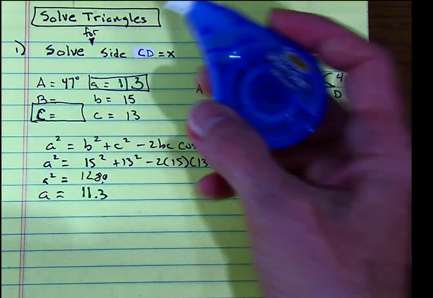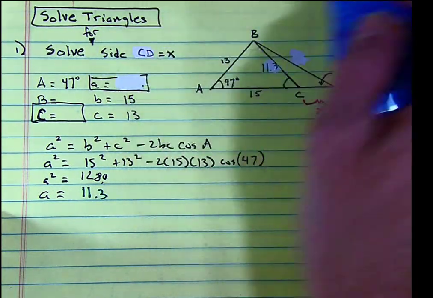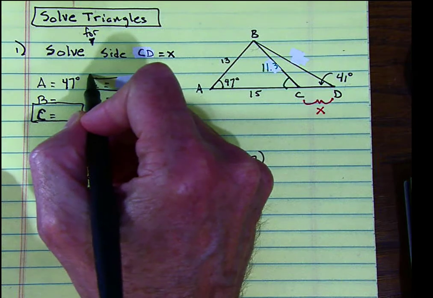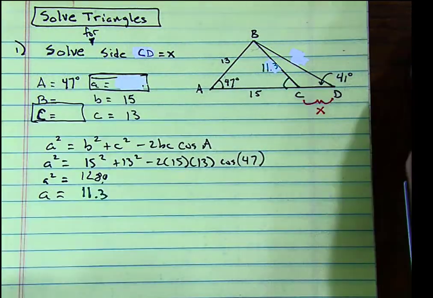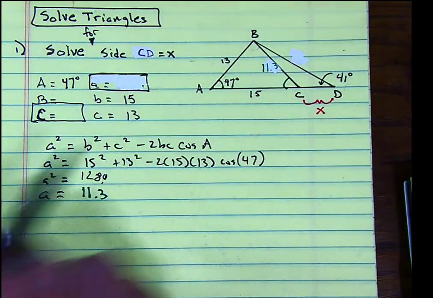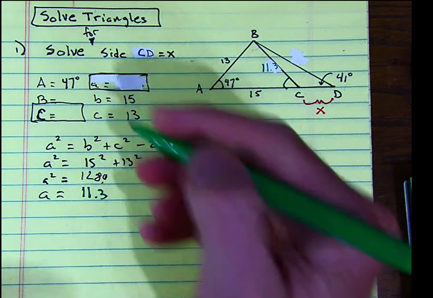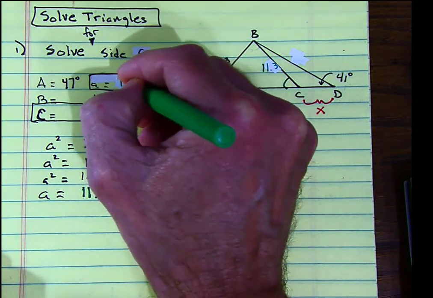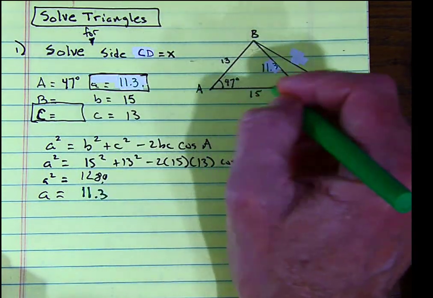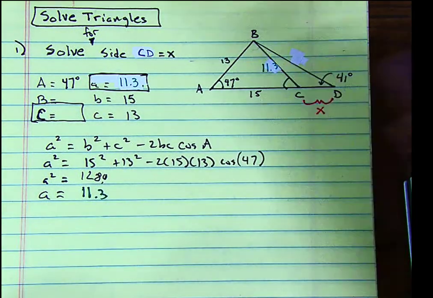Now we do have something going for us if we feel we're safe to do this. It's not always safe to assume from the drawing, but the drawing is an acute triangle, and so that's going to help us to find C if we assume that all these angles are acute. So the law of sines can be okay.